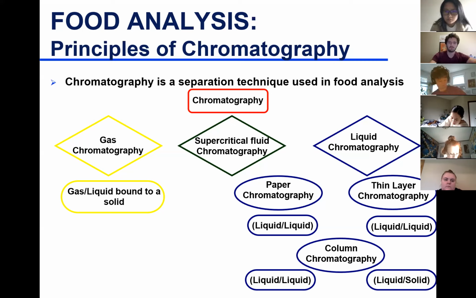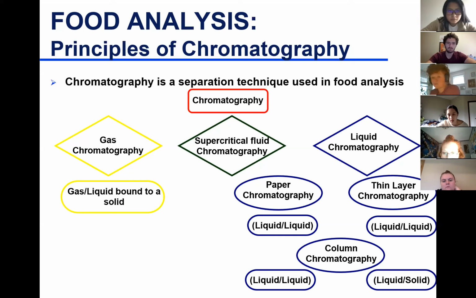In column chromatography, you can have a liquid stationary phase where you pack your solid inert component in the column, and you have a liquid that is immobilized on your solid inert phase. Then your stationary phase is liquid, and your mobile phase is liquid. Or your solid is your stationary phase, and again, the liquid is your mobile phase.